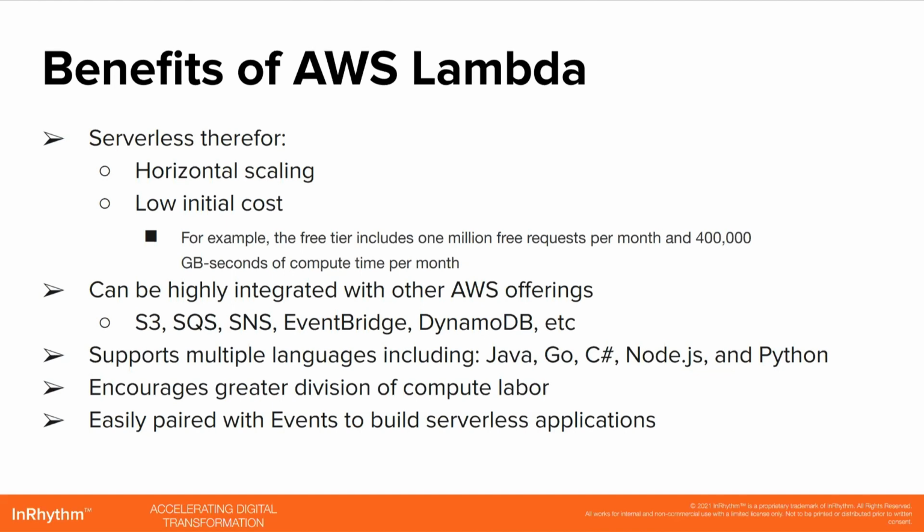And it is tightly integrated with a lot of their AWS offerings, like EventBridge, the Simple Notification Service, S3 buckets, and so on. And you have support for multiple languages such as Java, C#, Go, and so on.